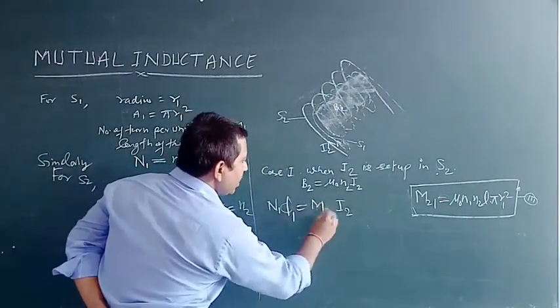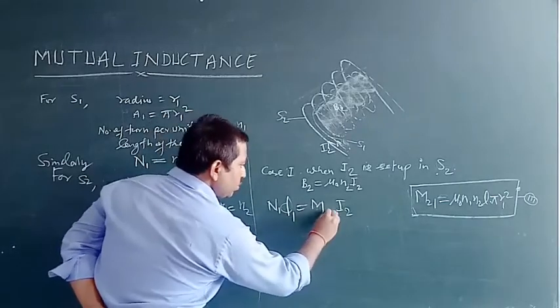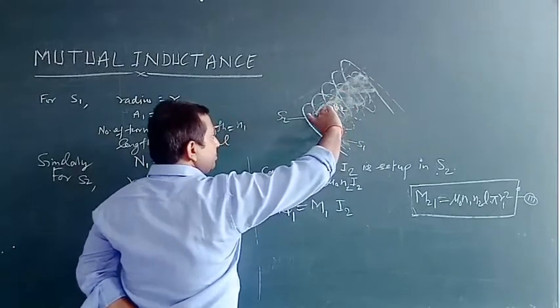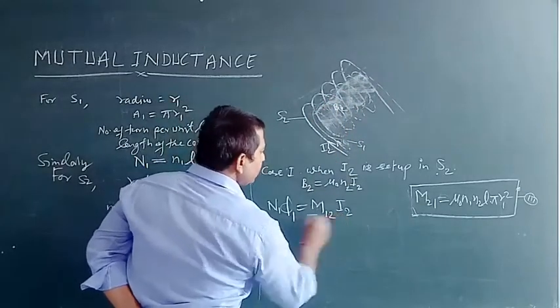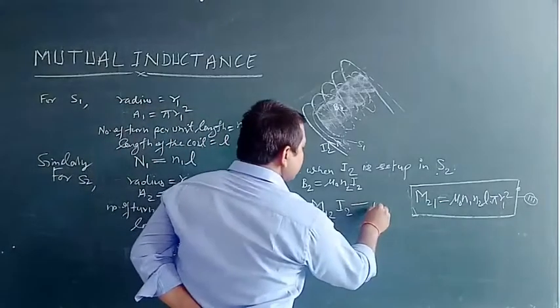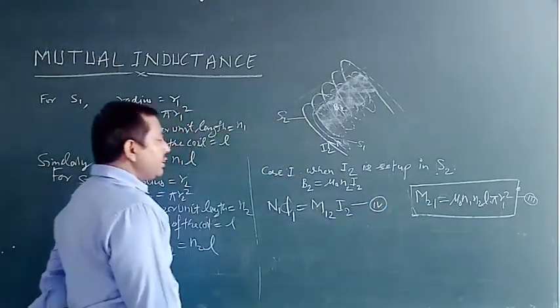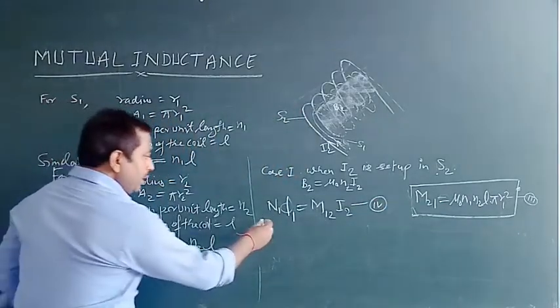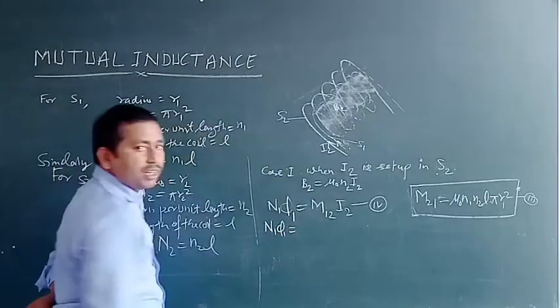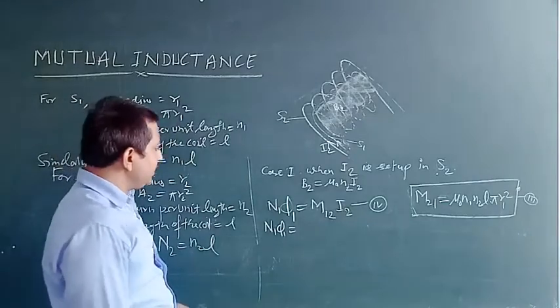So the mutual inductance of the first coil, it means the inner coil, with respect to the second, is M21. If we take this equation as equation number 4, then we can calculate the value of N1 phi 1 easily.